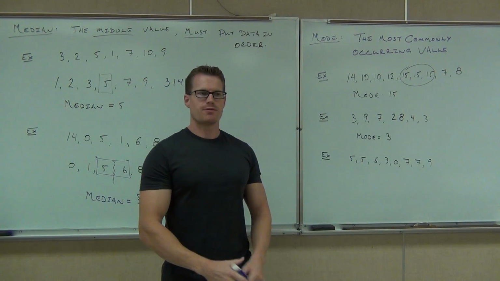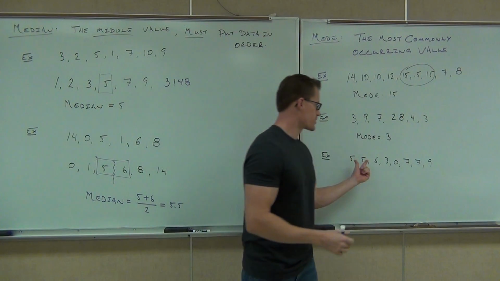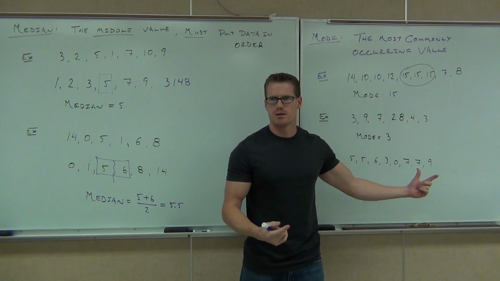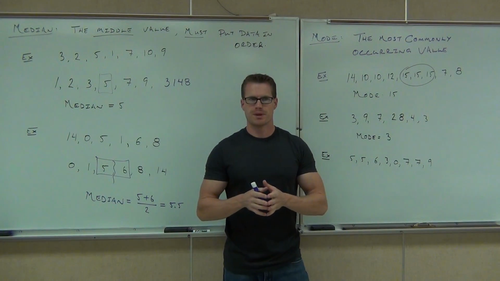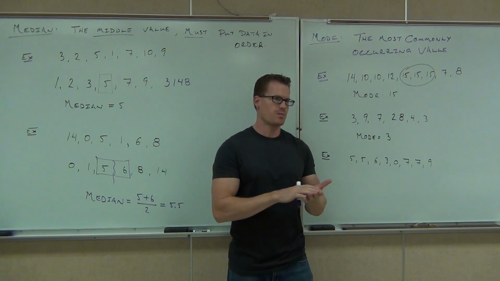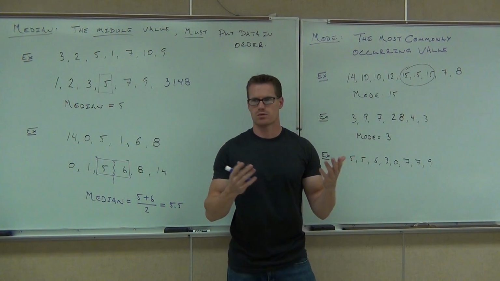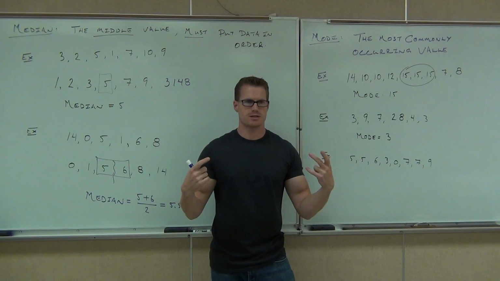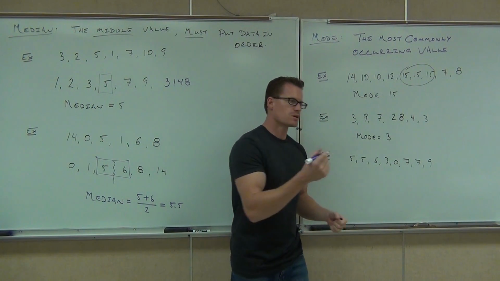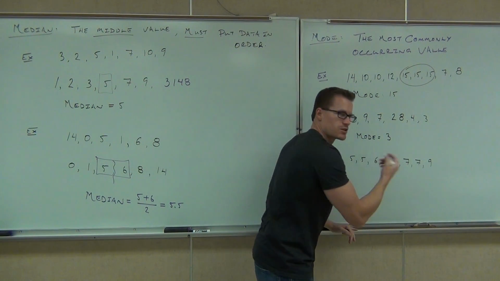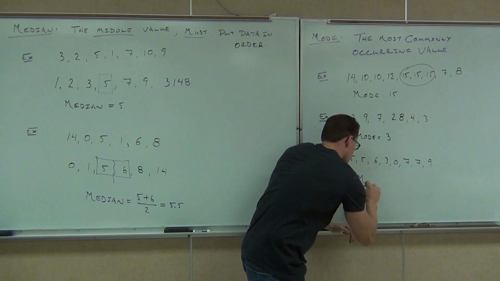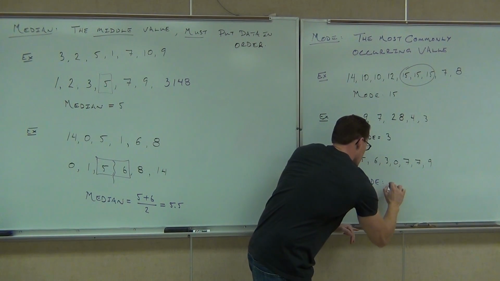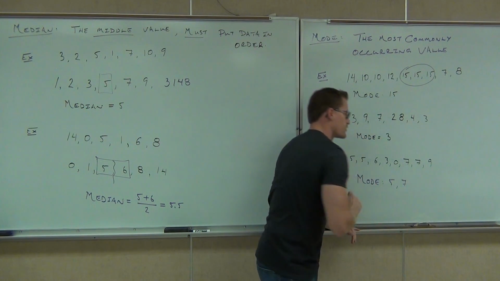So not only do I have a number that repeats, I have 2 numbers that repeat the same amount of times. We call this bimodal. You typically wouldn't do anything besides bimodal. You wouldn't have like trimodal or quadrimodal unless you have a huge number of data values. But in certain cases, like with this one, you can say there's actually two modes. The 5 and the 7 are both modes.